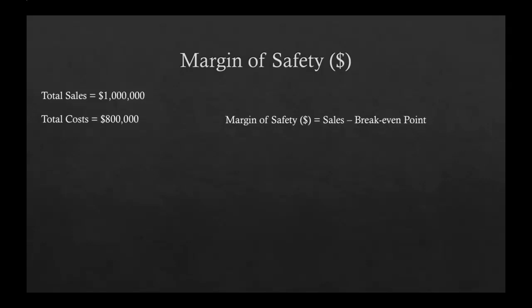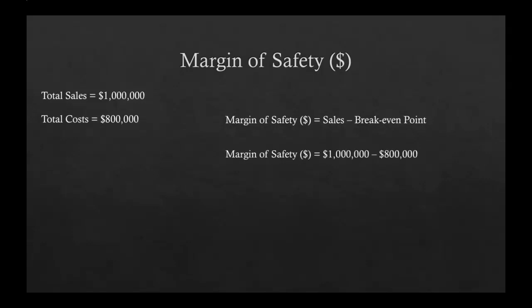So your margin of safety will be your sales minus your break-even point. Now our break-even point, remember, that's just how much we need to sell to cover all of our costs. Well, our total cost amount given to us is $800,000.